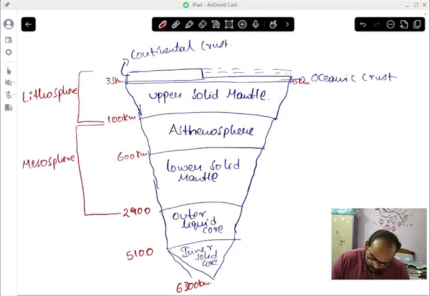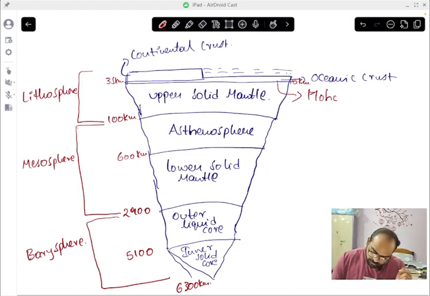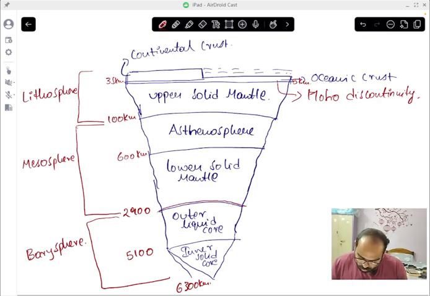The outer core and inner core are called the barysphere. And this crust and upper solid mantle have a boundary in between them. That boundary is called the Moho discontinuity.